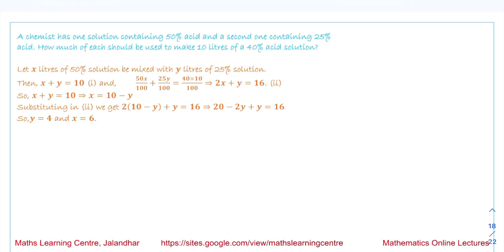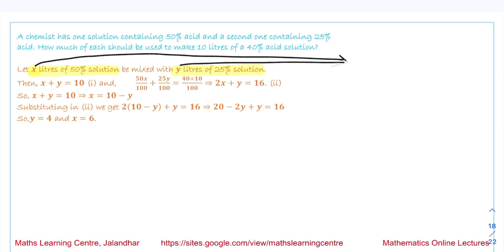Now suppose x liters of 50% solution is mixed with y liters of 25% solution. First, the total amount of solution should be 10 liters. So x plus y should be equal to 10.